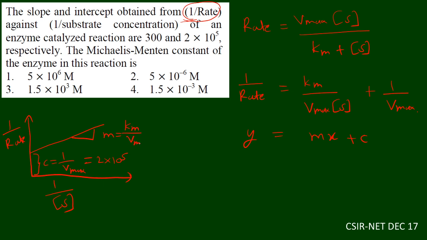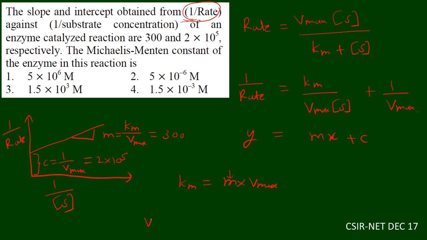Km by Vmax is the slope, and it is given as 300. We have to find the Km. The formula becomes Km is equal to slope m into Vmax. We know the slope, so we have to find Vmax from the intercept.